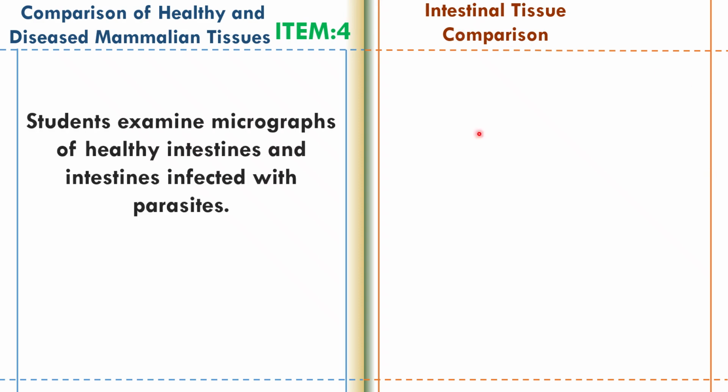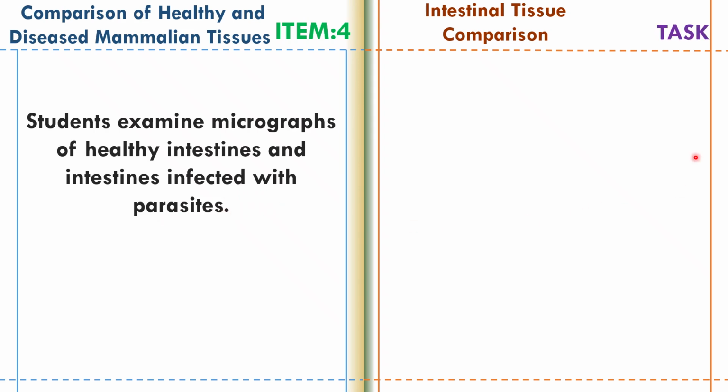Comparison of healthy and diseased mammalian tissue, item 4. Intestinal tissue comparison. Students examine micrographs of healthy intestine and intestine infected with parasites.